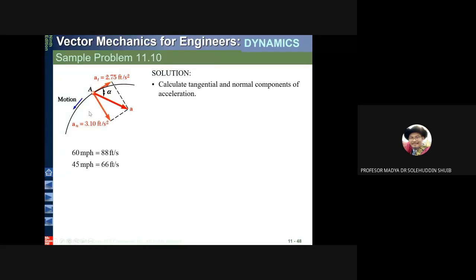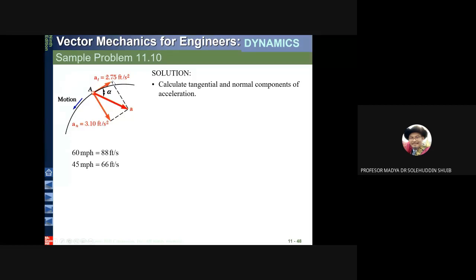And you also calculated the tangential component of acceleration, pointing in this direction, tangent to the path, which is 2.75 feet per second square.